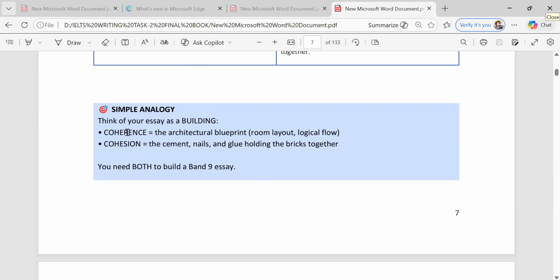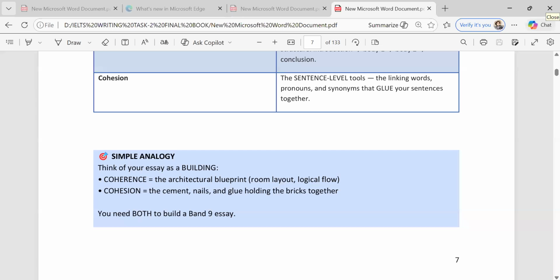So coherence is about the introduction and main body paragraphs, the complete architectural structure, the big one: introduction, main body paragraph one, main body paragraph two, and then a conclusion. And the sentences should be properly glued together.